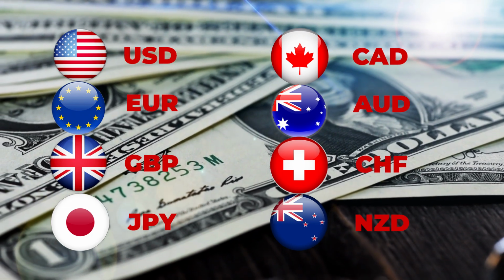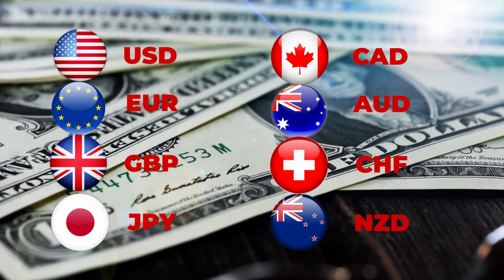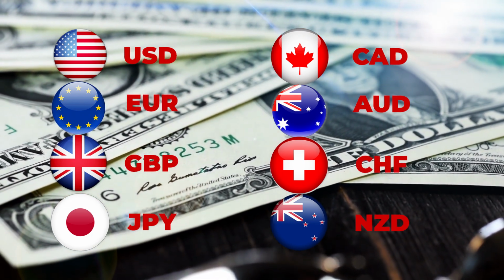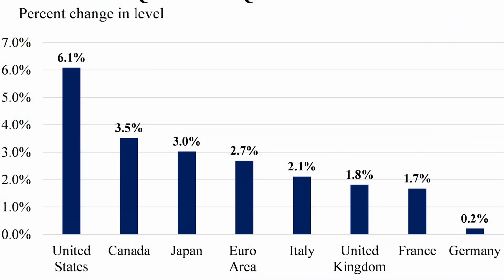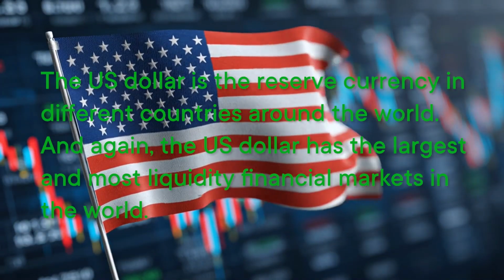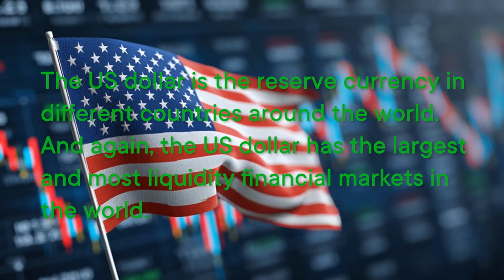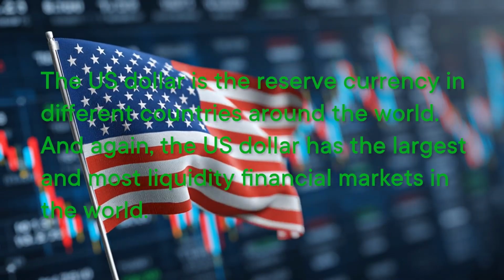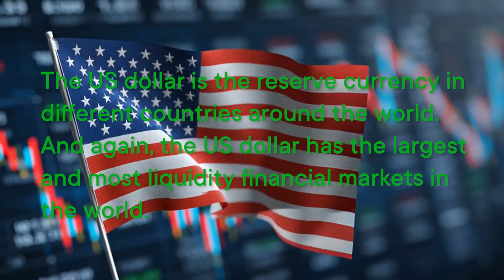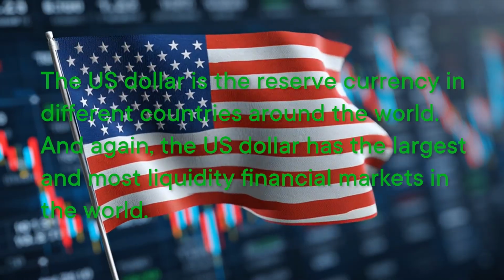The US dollar is the most traded currency in the forex market. The reason why: the US economy is the largest in the world, the US dollar is the reserve currency in different countries around the world, and again, the US dollar has the largest and most liquid financial market in the world.